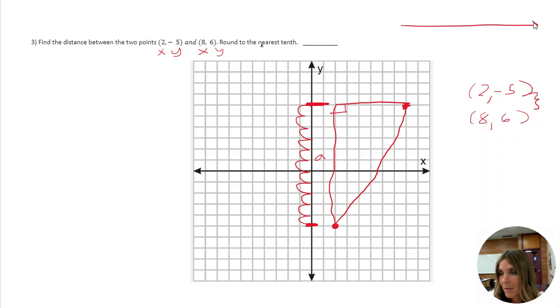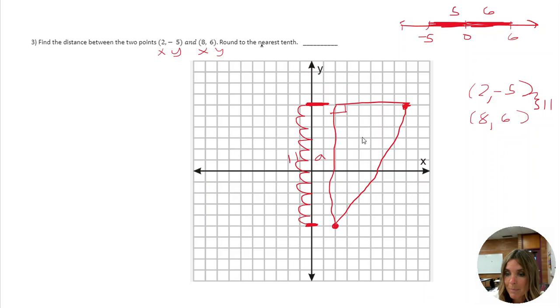And if you were to think about this on a number line, if this is 0 and this is -5 and this is 6, from -5 to 0 would be 5 spaces, and from 0 to 6 would be another 6 spaces. And so that change from -5 to 6 is going to be 11. Okay, so our side A would be 11.